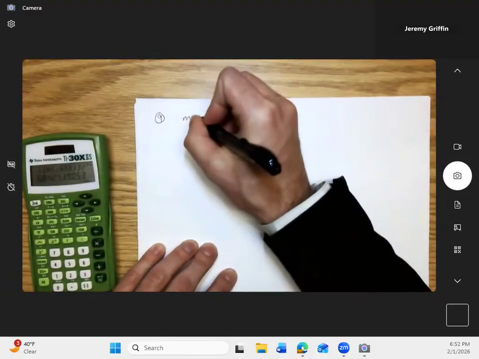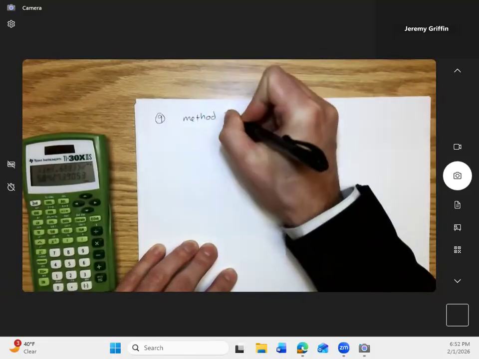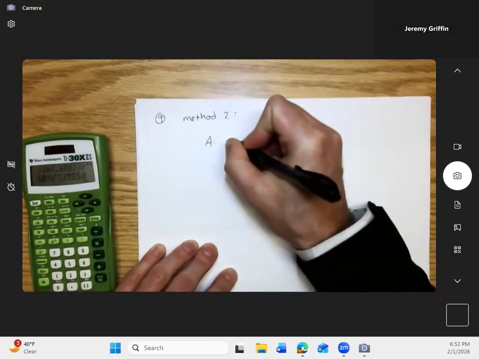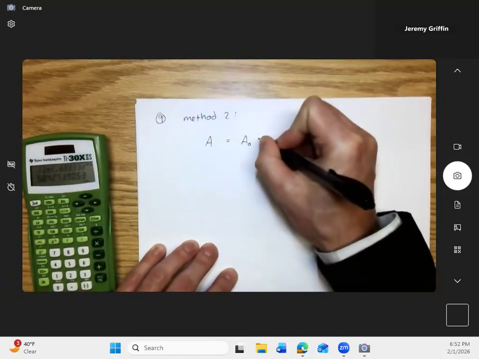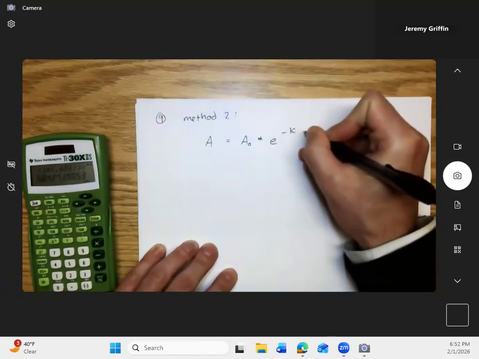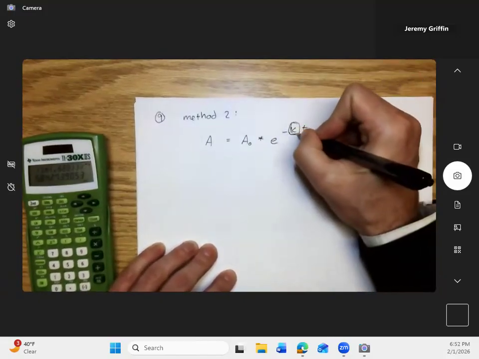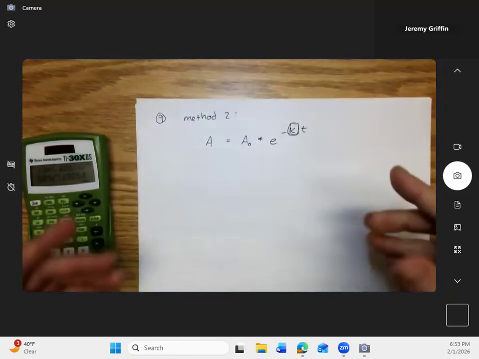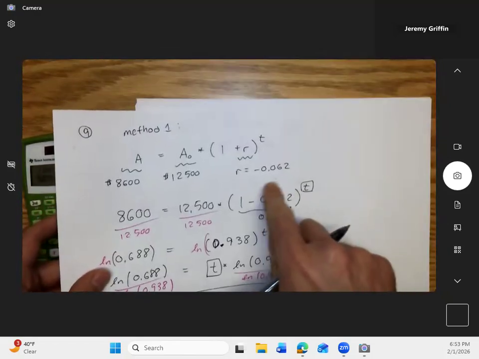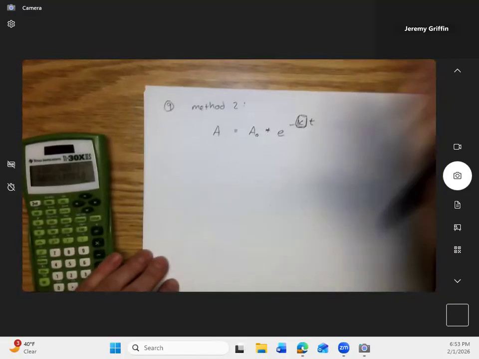Okay, so method two, let's force this into a equals a naught e to the negative kt. Now, with this method, we do have to solve for k first. And it's not going to be exactly this. It should be a little bit different.